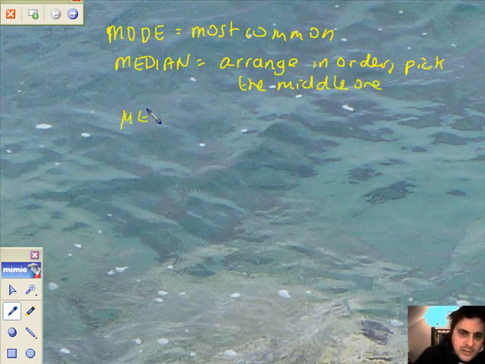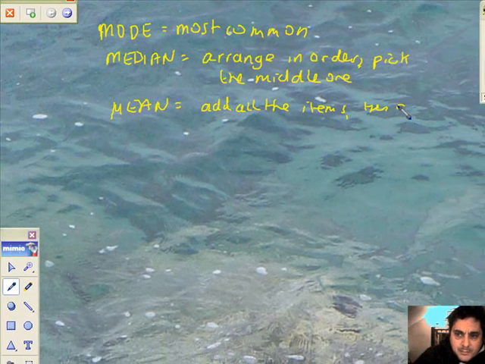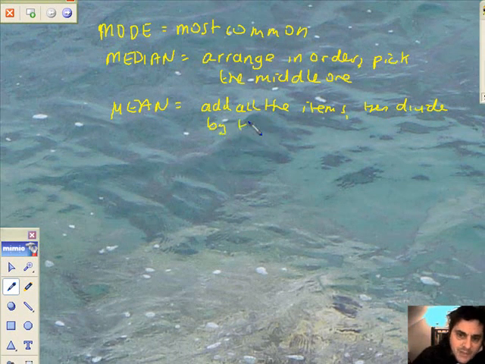The mean, probably remember, is calculated by adding all the items, then divide by the number.